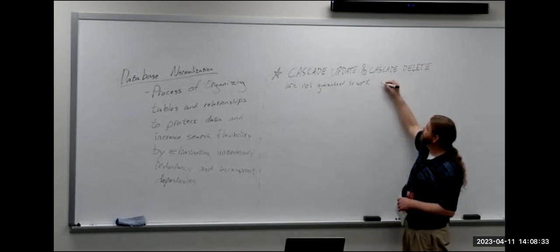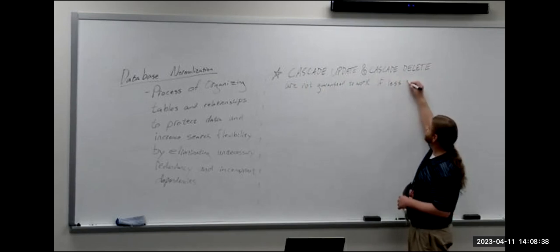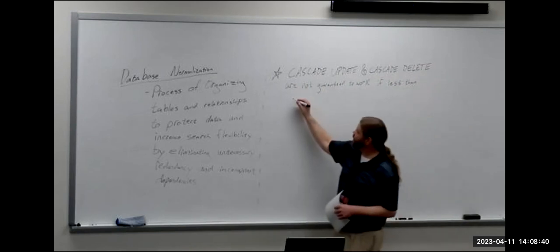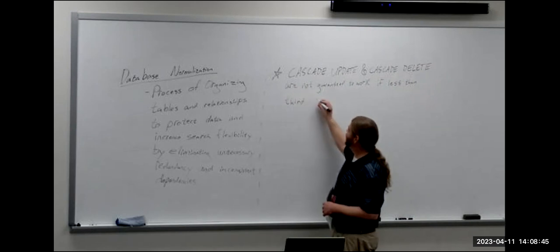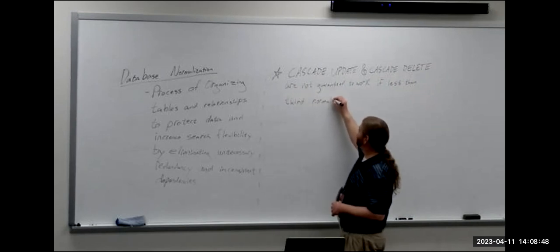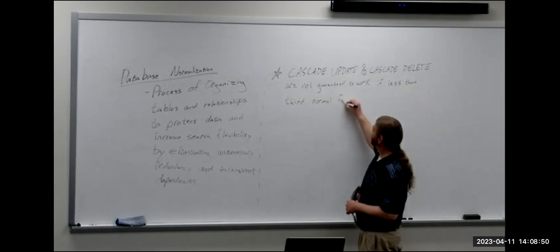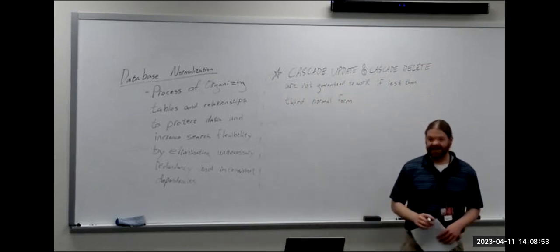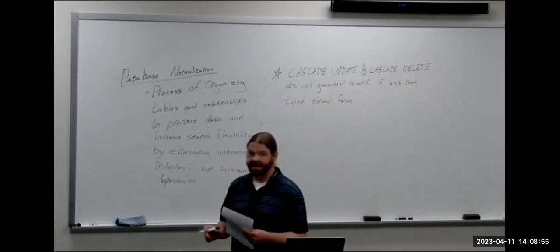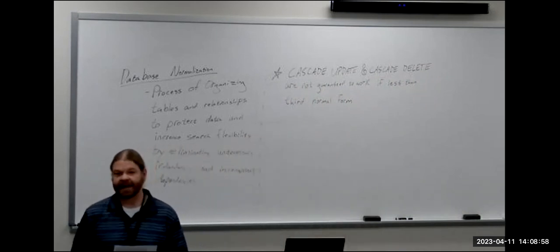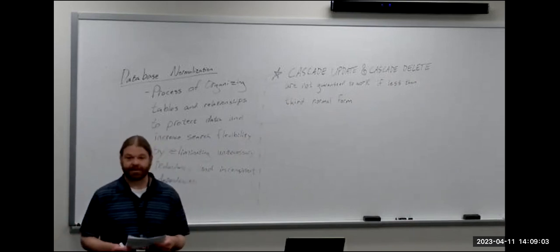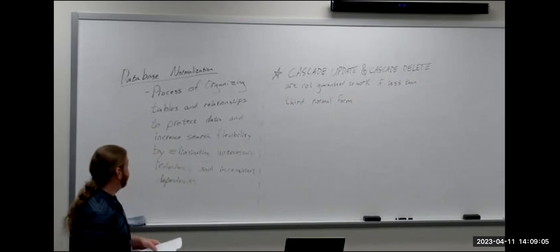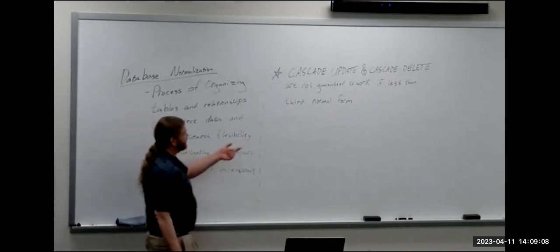Are not guaranteed to work if less than third normal form. I guess I have to spell it out because I haven't talked about that. Third normal form. There's a nice acronym we'll use for that, and you'll see a lot. It would be 3NF, but that's on the next page of my notes. So we'll get to that in a moment. But that's what's meant by protect our data and increase search flexibility.